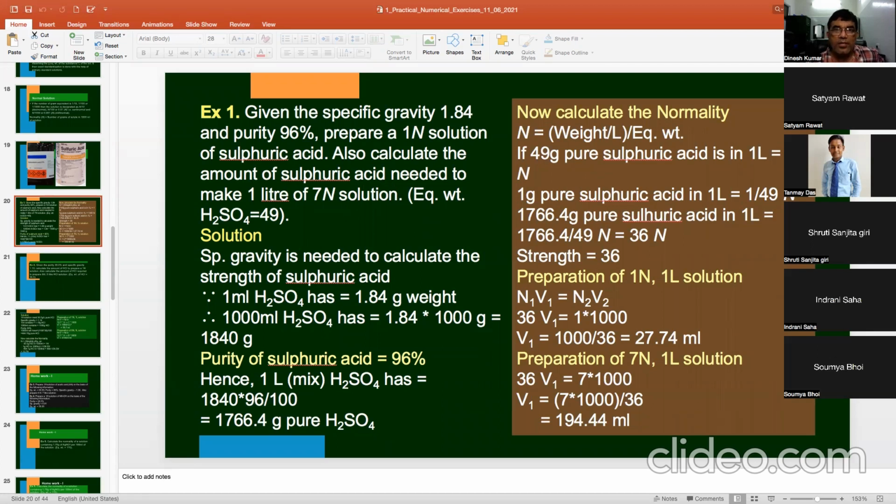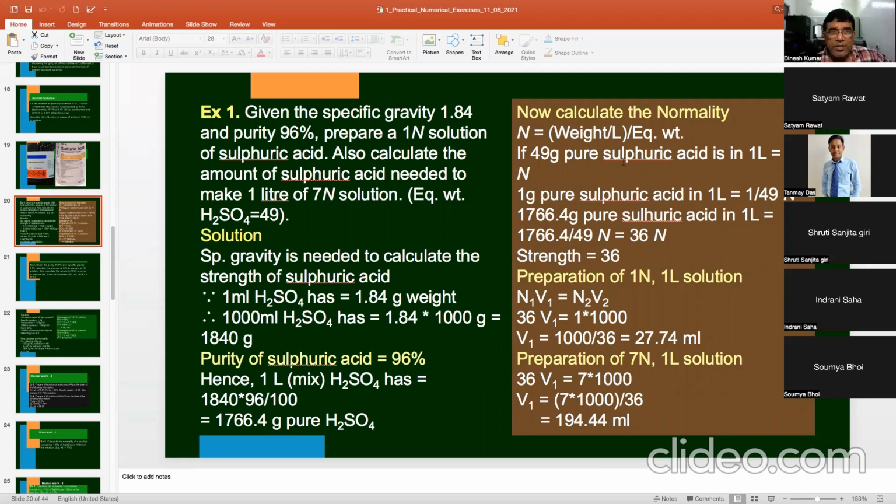So in 1 liter, out of 1840 gram, it is 1766.4 gram pure sulfuric acid. This is the exact quantity of sulfuric acid in 1 liter. Now, you need to calculate the normality. See the right side, the brown square.